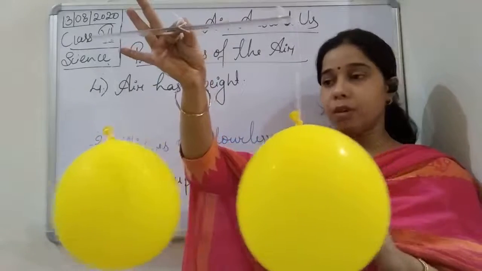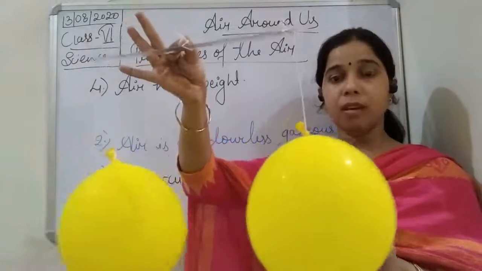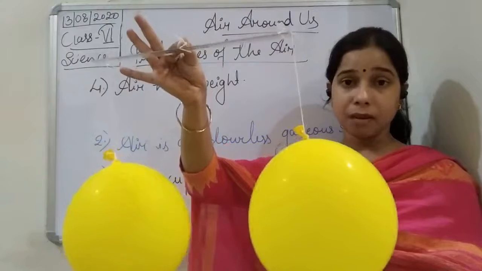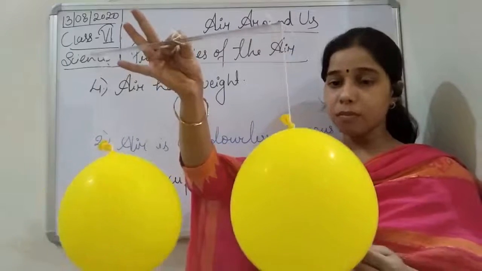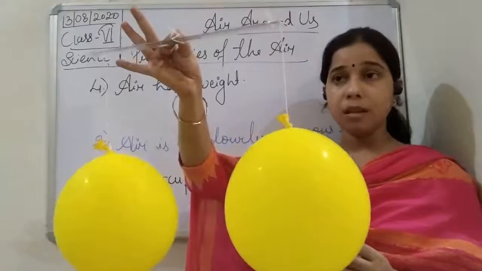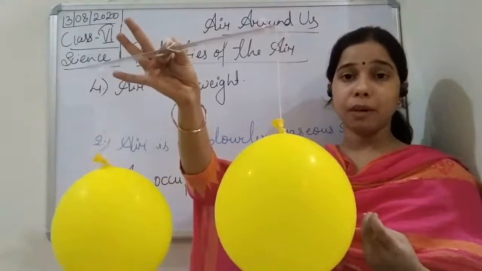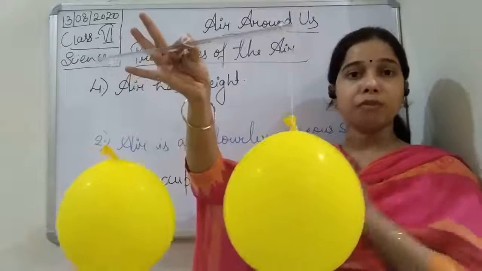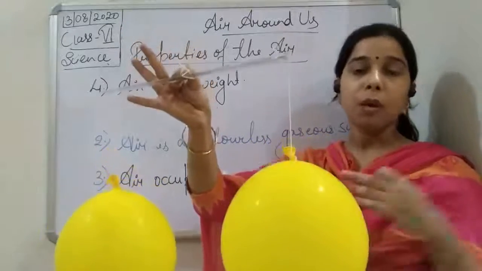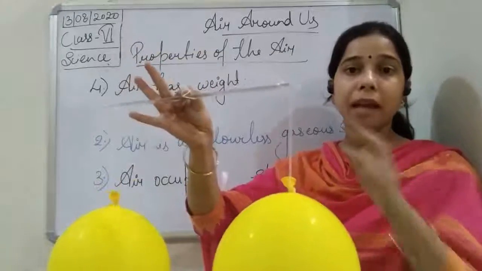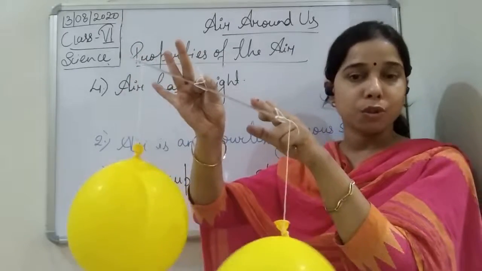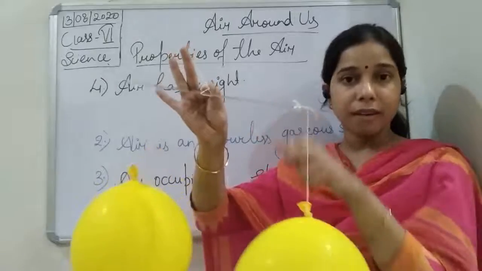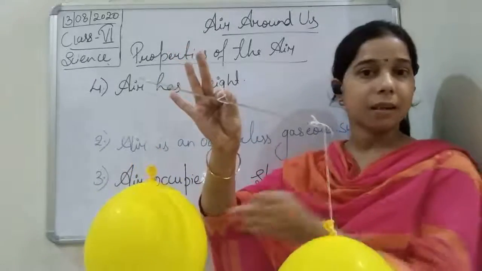Now, what will you do if you want to understand whether air has a weight, students? What will happen if one of the two balloons has more weight? The scale will tilt towards the side where the weight is higher compared to the other.